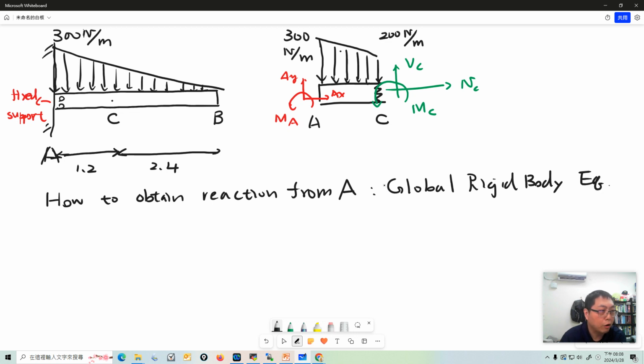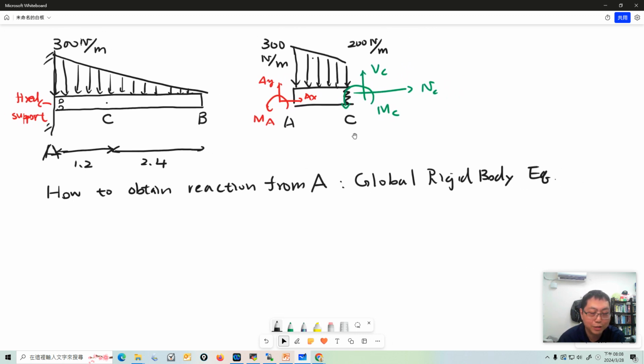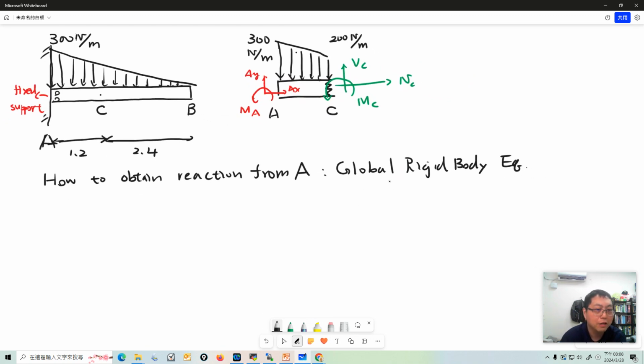So you have to do the rigid body equilibrium calculation for the whole system to obtain the support reaction from A. That's why using the AC section takes much longer. But the class is just to show you that you still need to do this. Because this is the first time you learn this course, you still need to know this.